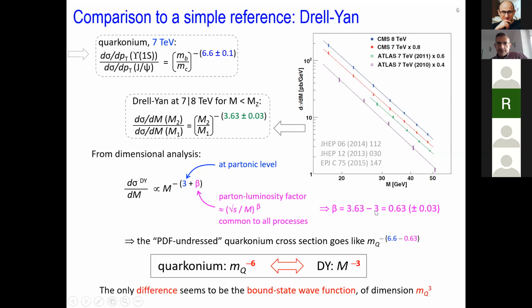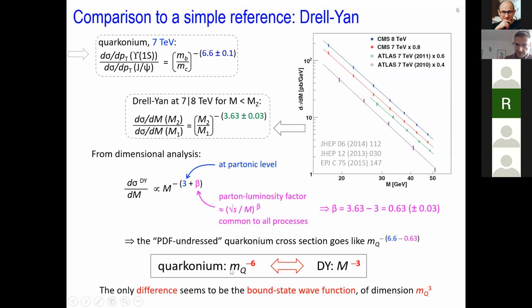So beta comes out to be, from the Drell-Yan case, around 0.6. And so, in fact, we have that for Drell-Yan, at partonic level, the scaling is m to the minus 3. Correspondingly, we can subtract this partonic factor from the case of quarkonium and find that the scaling is m to the minus 6.